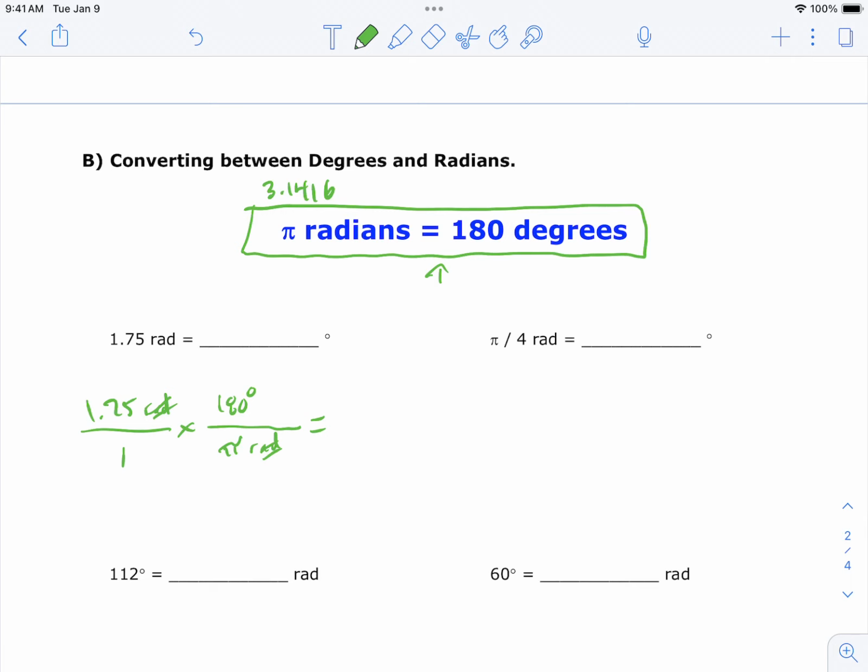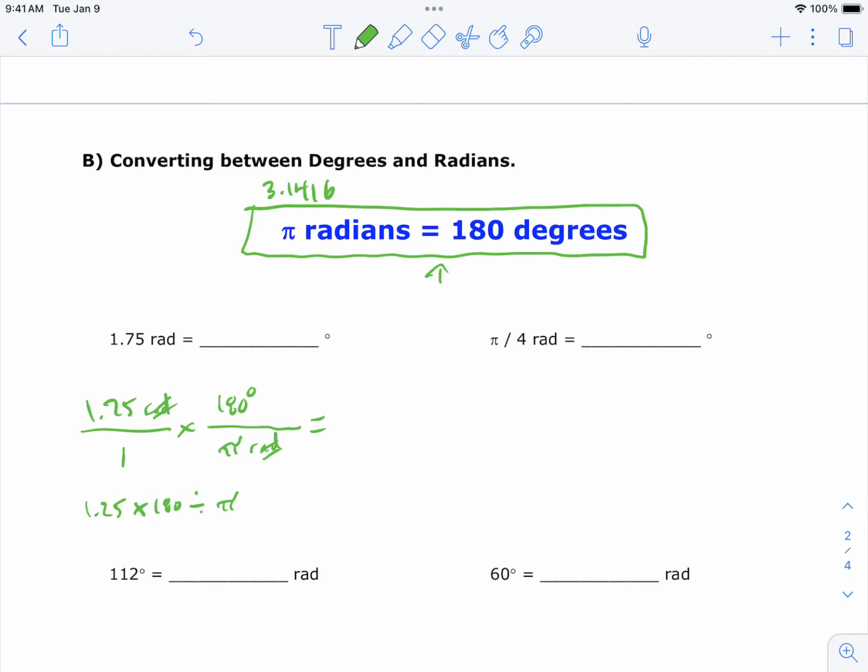The 180 is on top, so you're multiplying by 180. The pi is on the bottom, so you would divide by the pi. If you can find the pi button, that's a good idea because it has like 15 decimal places of accuracy. If you don't, you can always enter 3.1416.